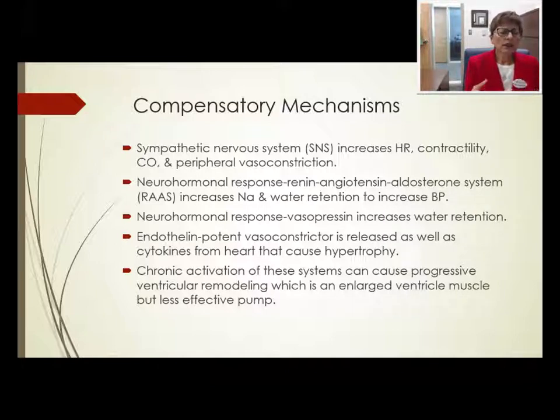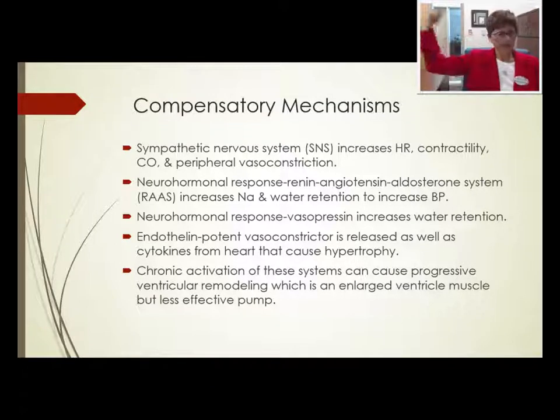But when the body's constantly under assault from this poor cardiac output, it's chronically activating these systems, and it can cause progressive ventricular remodeling. So what does that mean? It means that ventricle muscle is changing its shape. It enlarges and it makes it less effective.